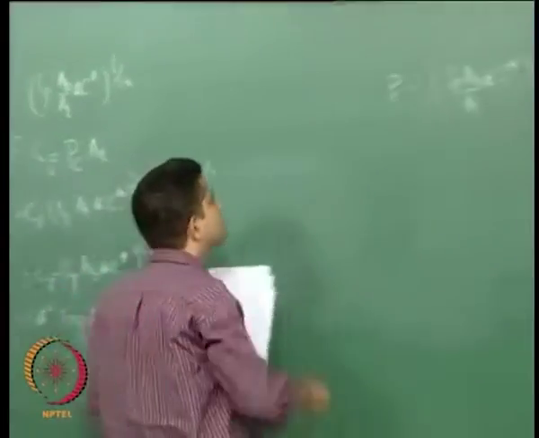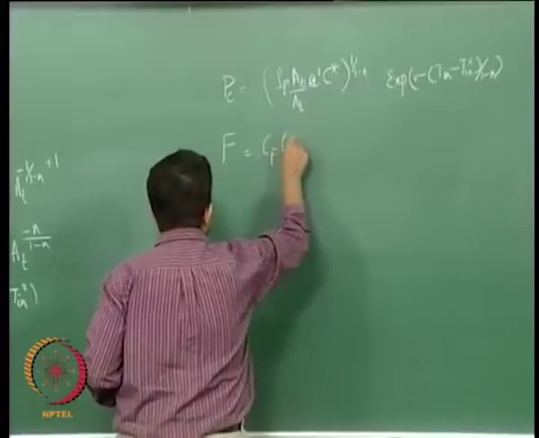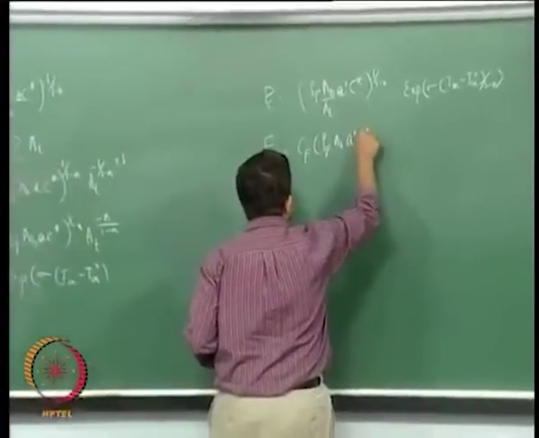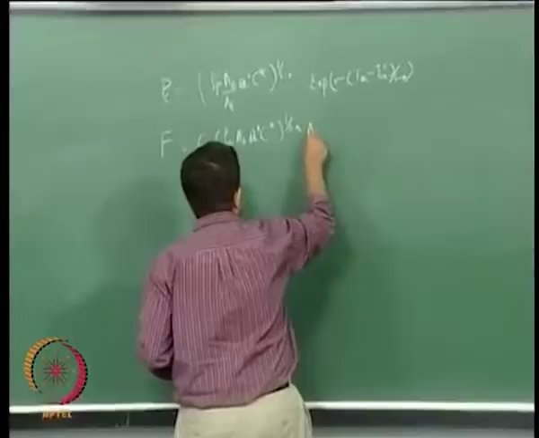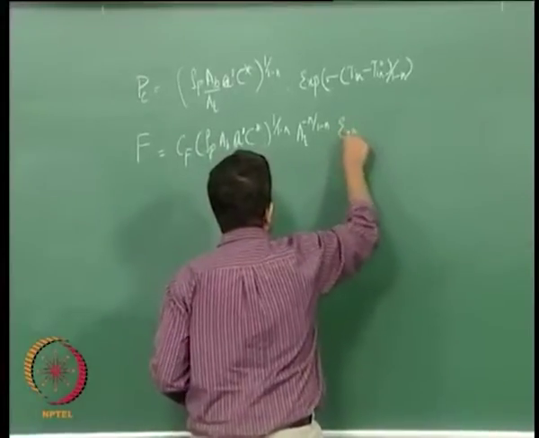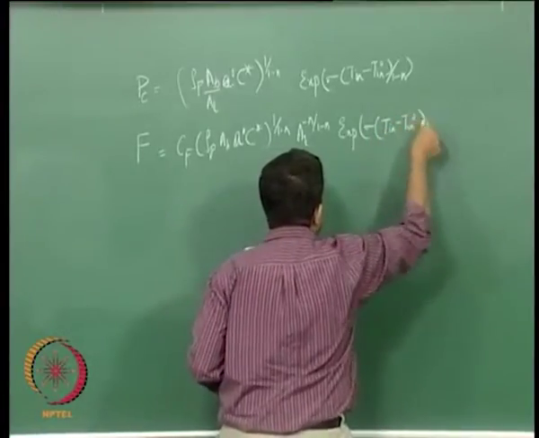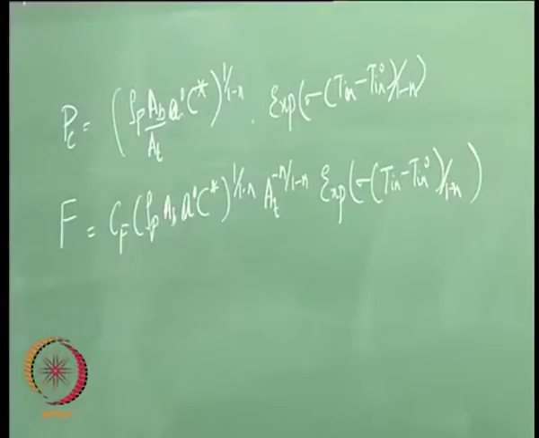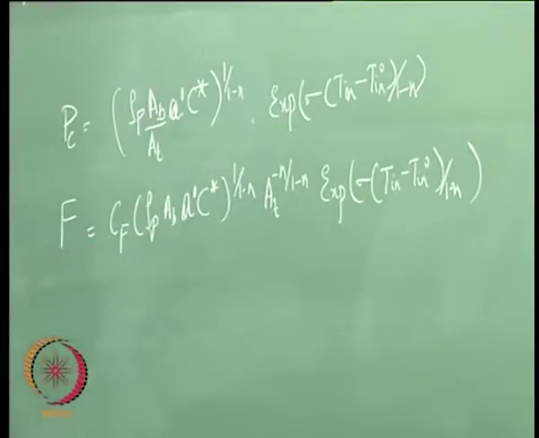So, f will be, okay. So, we have included all the variations of AB, AT and initial temperature, right.